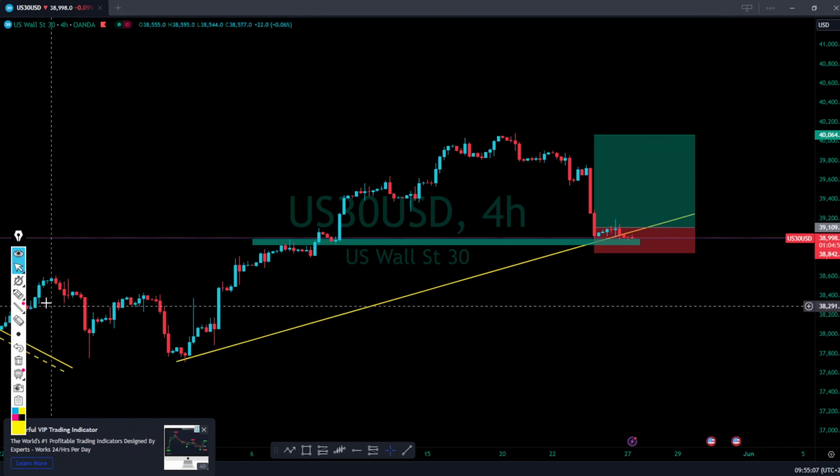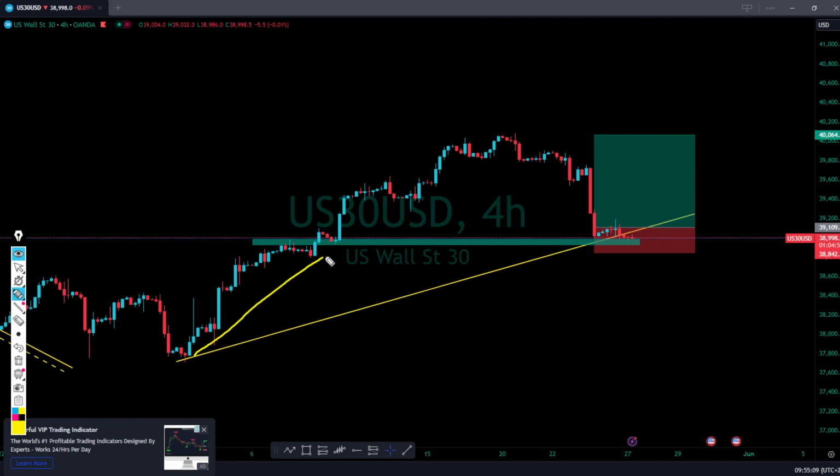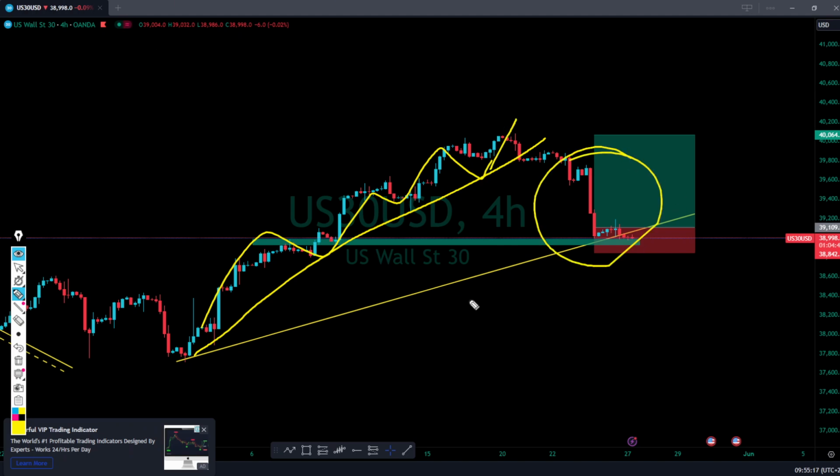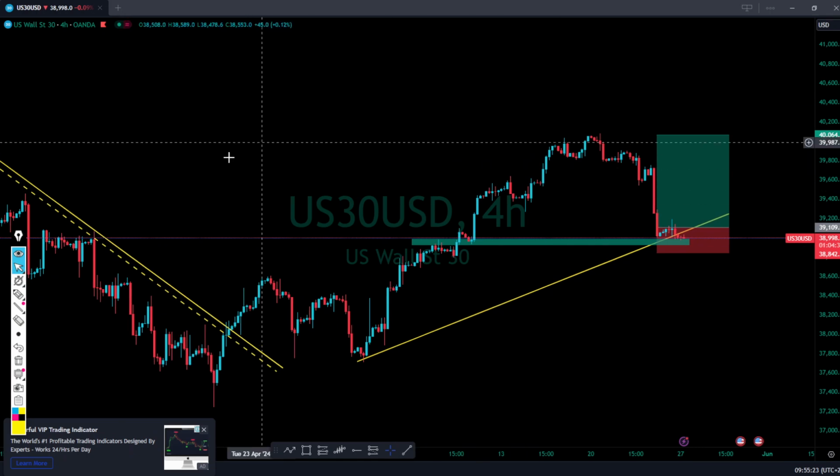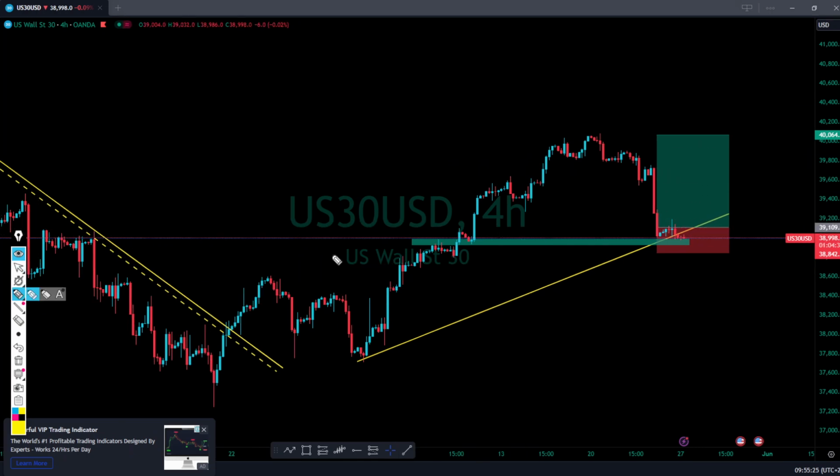You can easily see that the market was aggressively going to the upside. Plus, we had some economic news which forced the market to go like that. But at the moment, we're just waiting for a proper structure that we can use. Yes, we can still say we are on a very nice uptrend, but we had this first aggressive sell-off.